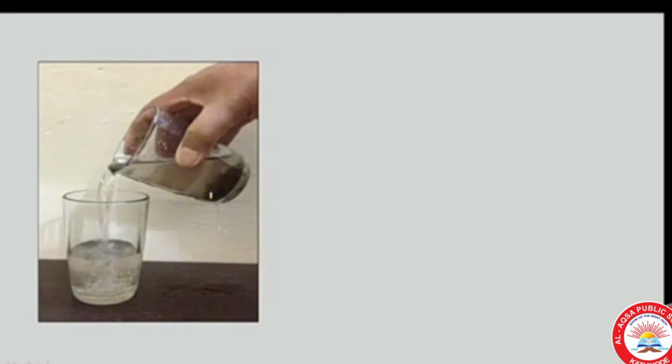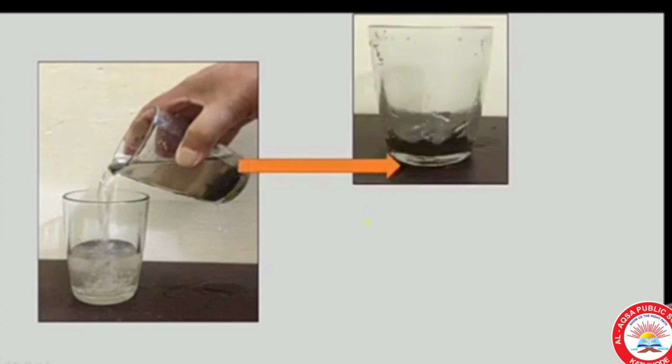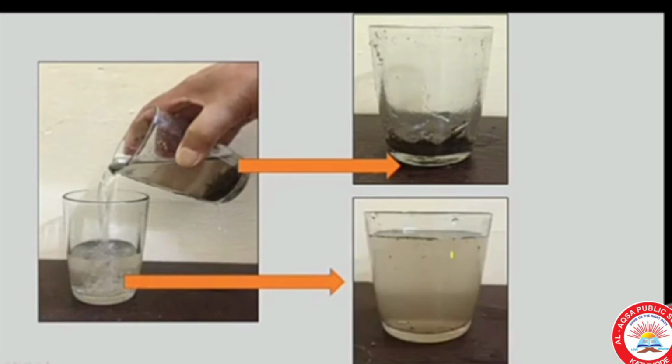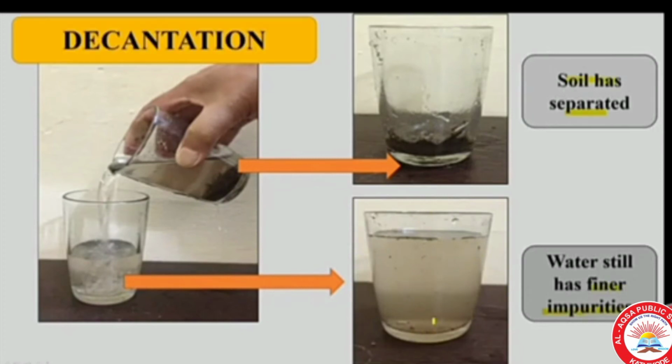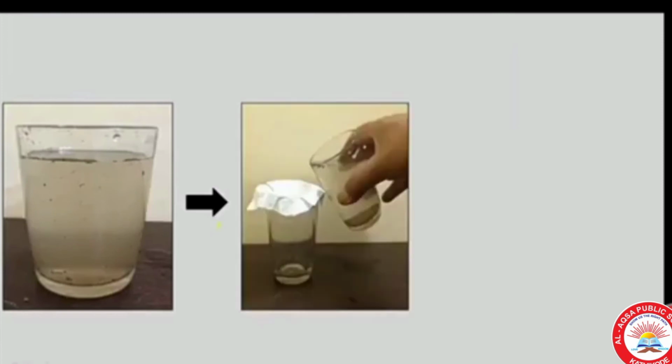And after this decantation, we will get soil in one glass and water in another glass. But this water still has finer impurities. So, soil has separated and water still has finer impurities in the second glass.